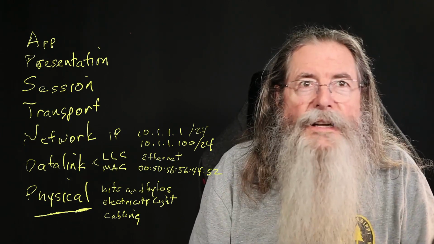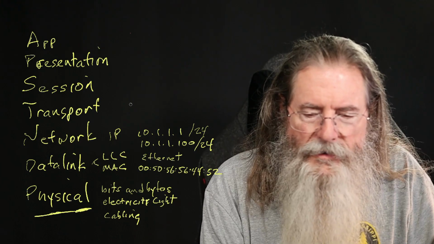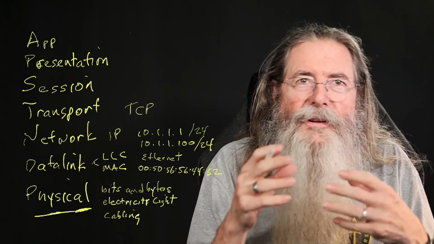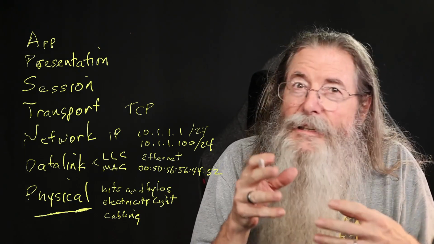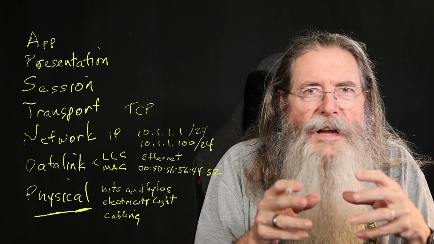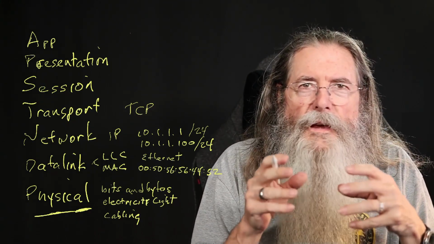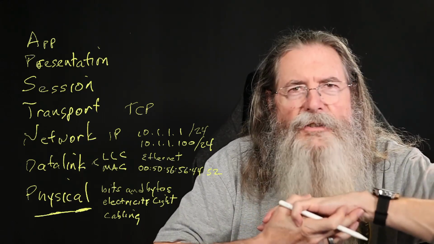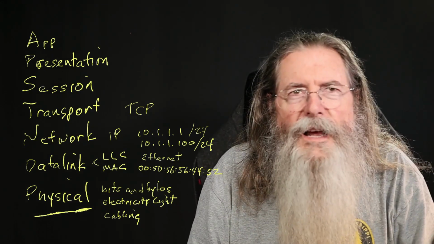Let's talk about transport. I said I'll talk about TCP/IP. TCP is a transport layer protocol, and it is used to ensure that we're making a connection before we start transmitting data.